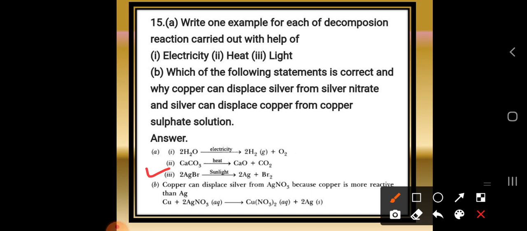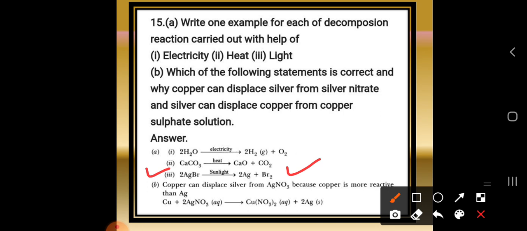Here 2AgBr is separated by the help of sunlight, that is the photolysis process. So with the presence of sunlight, that is the photolysis process, silver bromide can be separated in the form of silver and bromine. Okay, so these three are the examples.